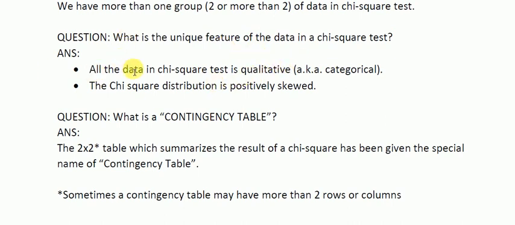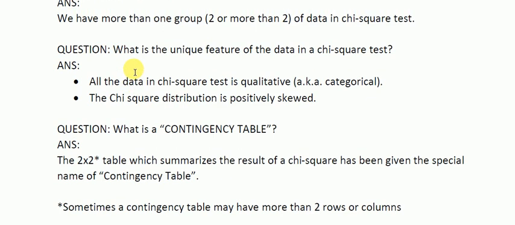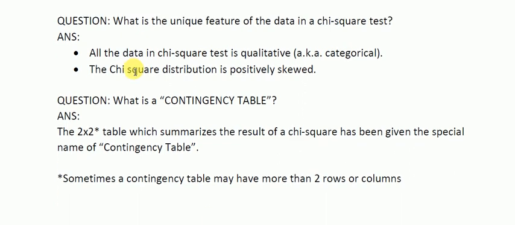Basically all the data in a chi-square test is qualitative. A person can be a smoker or not a smoker, or can be a very heavy smoker, but this is all qualitative. If you recall, we have two kinds of qualitative data, nominal and ordinal.